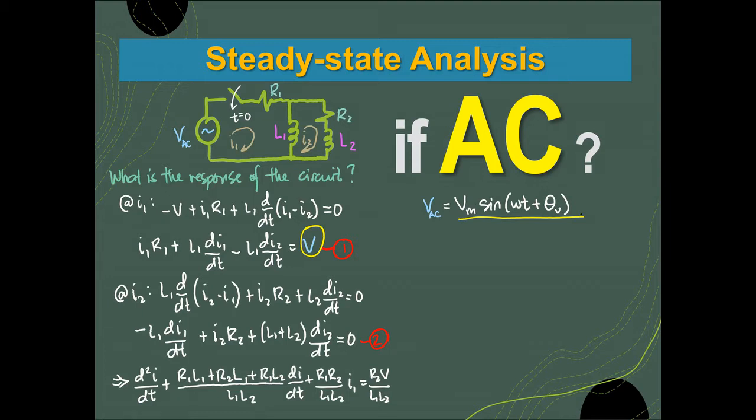Because you have sine and cosine values, it would be difficult for you to manually solve it using differential equation analysis. So you need to do some other way of doing it. You will see that the current I1 that we are looking for, to understand the response or behavior of the circuit, is expressed by this particular solution.